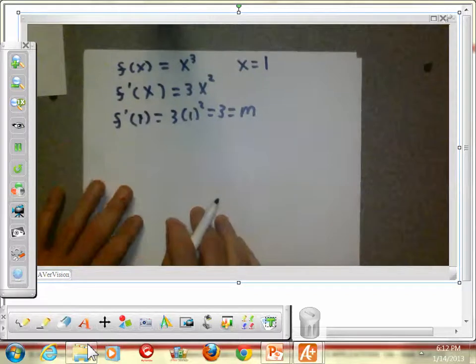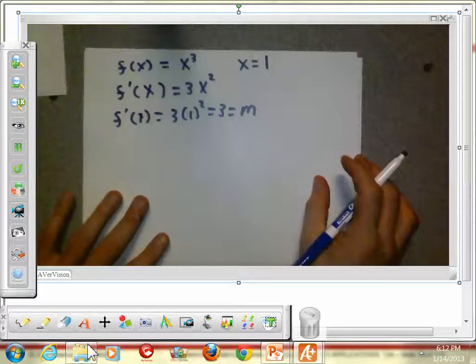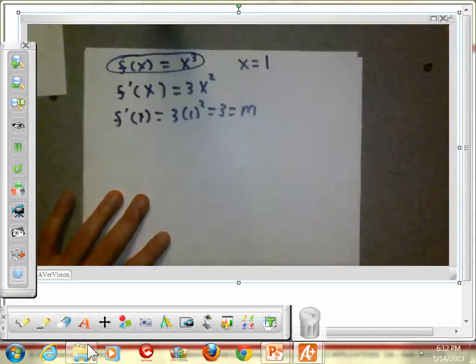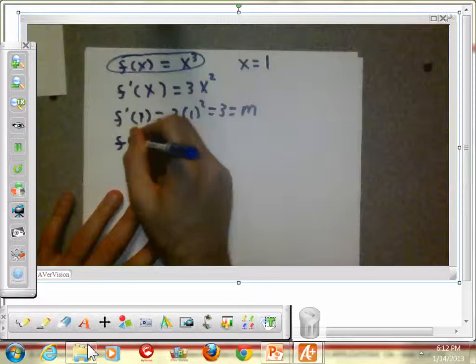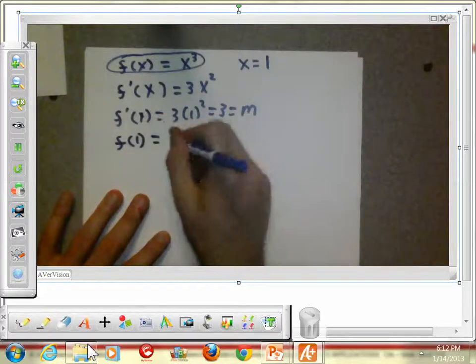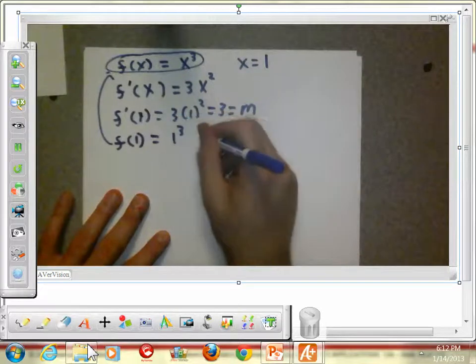M equals 3. Now what I need to do is find the y-coordinate of this function when x equals 1, right? Because the point has to be on that curve. So I need to find f of 1, which is going to be equal to 1 cubed, which is equal to 1.